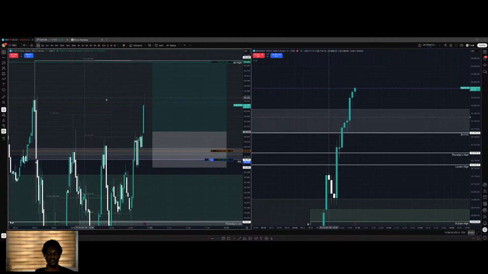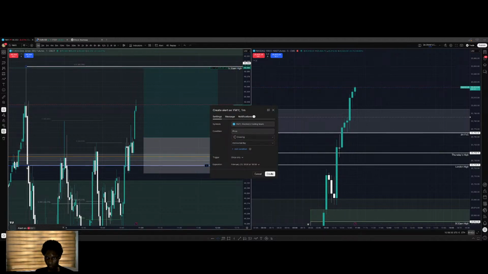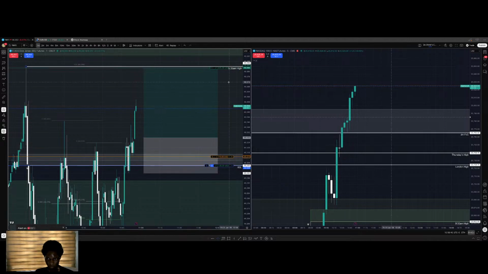So we've taken both highs now. So I want to see if we go for this. London high has been tagged on ES. So I'm moving my stop to break even.